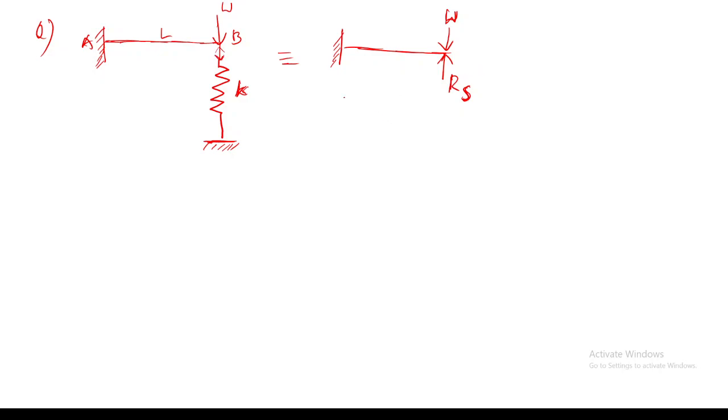So if I consider the spring alone as a separate entity, it will have a downward force of magnitude RS. Due to W, I am taking the deflection as y1, and due to this RS, I am taking the deflection as y2. And this combined deflection will be equal to how much?